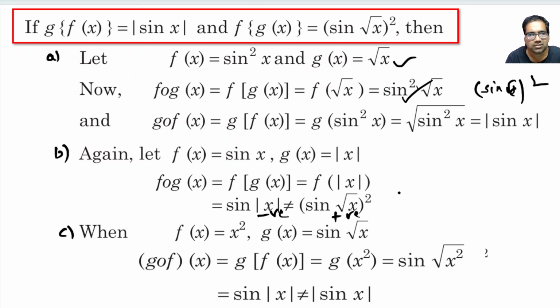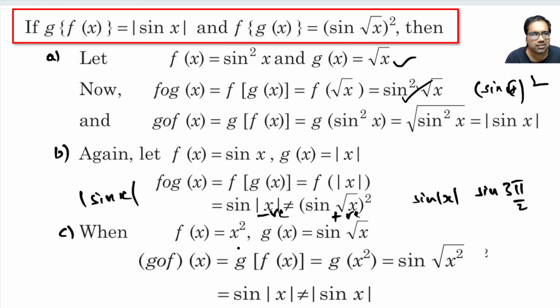Sine of absolute value of x can be negative, for example sine 3 pi by 2, or sine 300 degrees or sine 210 degrees, in the third or fourth quadrant. x is positive, but sine of absolute value of x is negative. It is not the absolute value of sine x. So this is not equal to that.